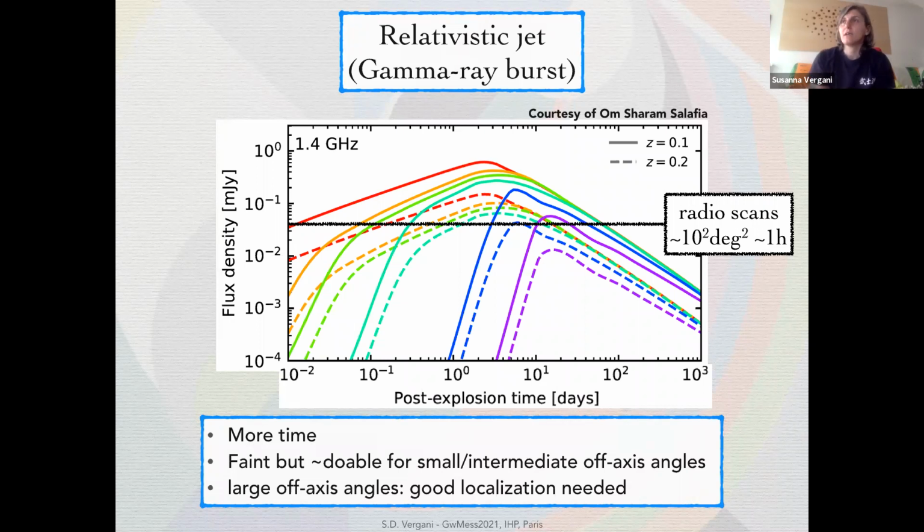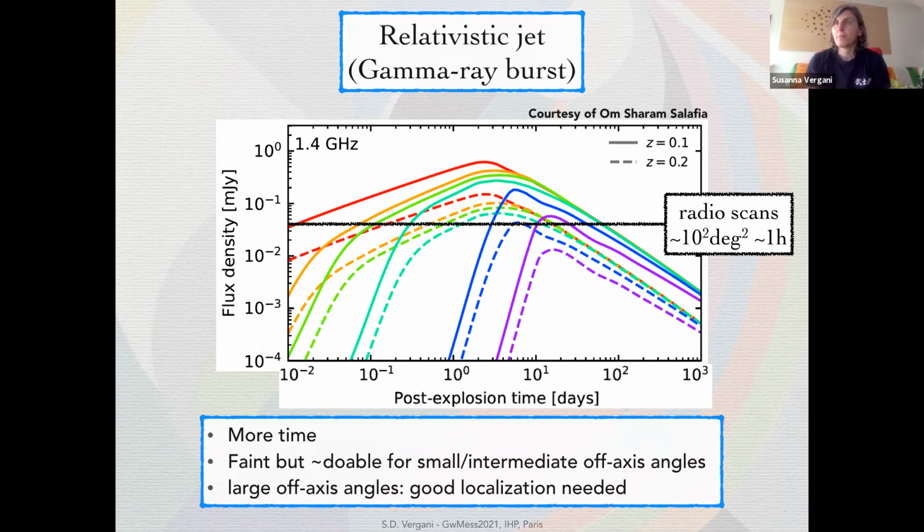This is ASKAP precursors, so ASKAP in Australia. It's a survey. I don't remember the name of the survey, sorry. That scans the sky regularly. These are the limits of this survey. There were some first results published by Tara Murphy.